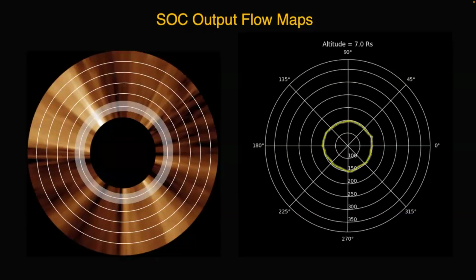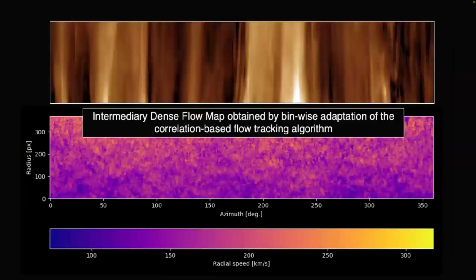The SoC will be delivering, sorry, I should actually go back. The SoC will be delivering ring averaged flow maps at 4 different radial distances with bins that are 1 solar radii wide over 1,440 latitudinal bins.